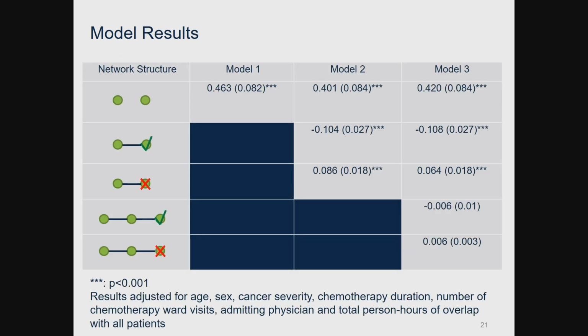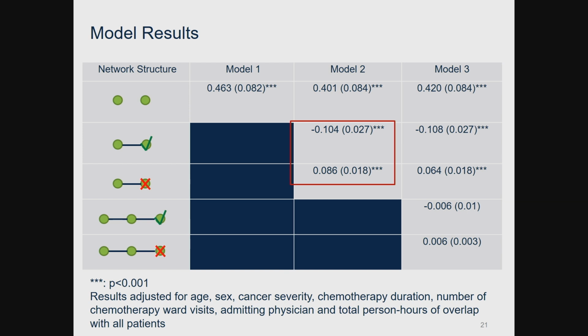So our results are shown here. Just to orient you in terms of some of the numbers, our null hypothesis for this model would be 0. Anything positive indicates that this structure being observed is correlated with an increased likelihood of 5-year mortality. A negative value means it's correlated with a decrease in 5-year mortality. So you can see that being an isolate is associated with an increase in 5-year mortality.